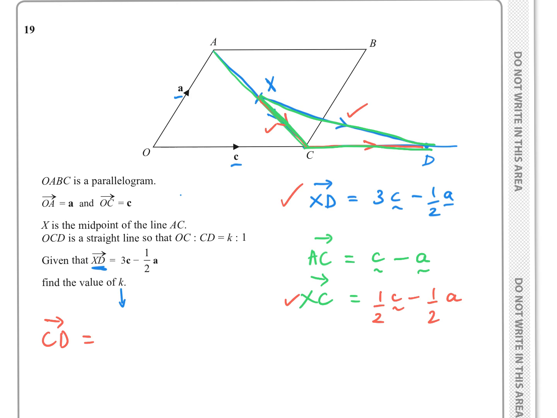C to D should be CX plus XD. And we know that CX is minus XC, so we change the signs: a half a minus a half c, plus the XD that we've already got.